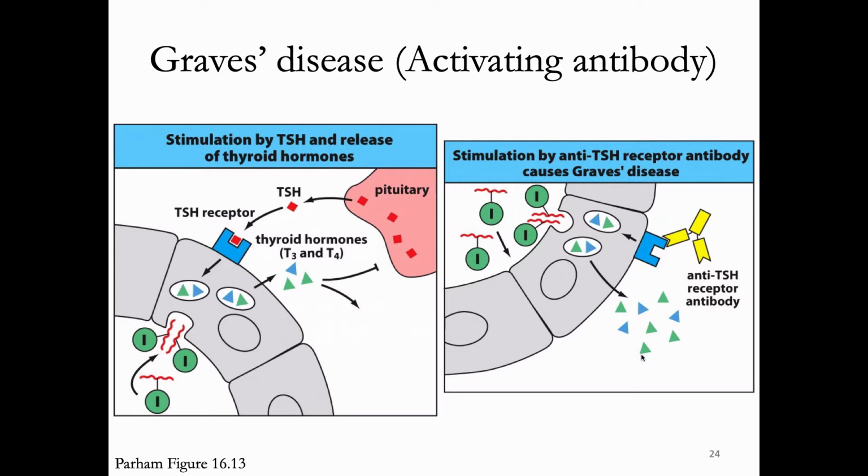So this antibody basically acts as a ligand for the receptor and activates the thyroid when the thyroid should not be activated. So the pituitary is not on. The pituitary is not trying to turn on the thyroid, but the antibody interacts with the receptor, and so we make thyroid hormones T3 and T4 anyway. This leads to an overactive thyroid and a number of metabolic issues in patients. And so this is one of the ways that antibodies can lead to disease.